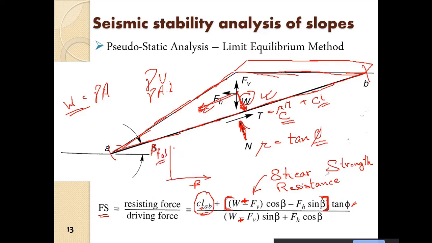We will have the factor of safety in this manner with increasing beta. Here we have a high factor of safety, then at a particular beta we will have the lowest factor of safety. So that is the critical slip surface.